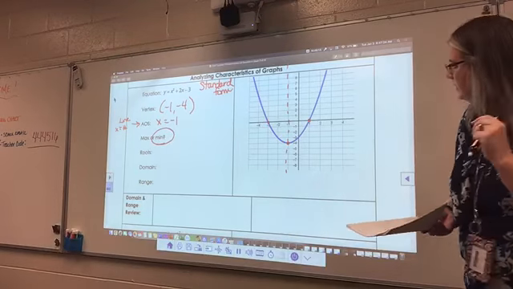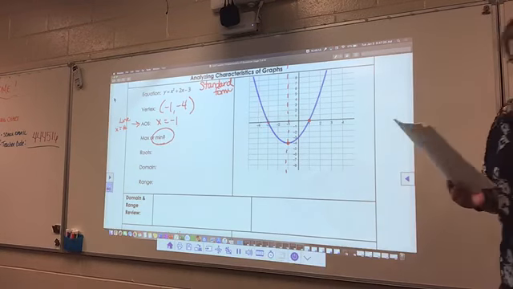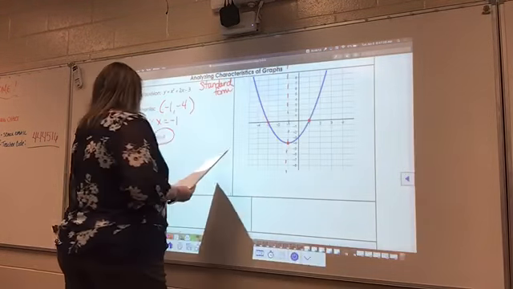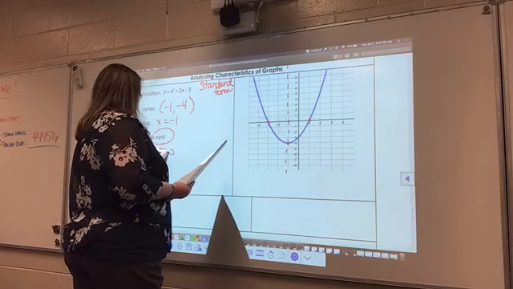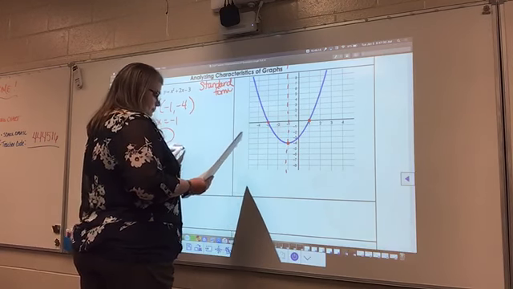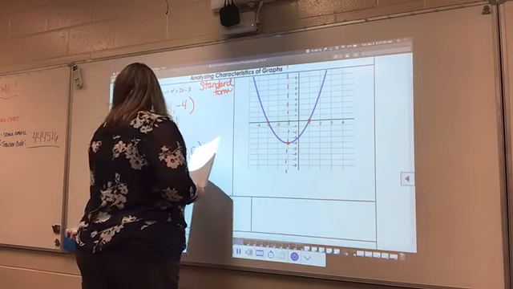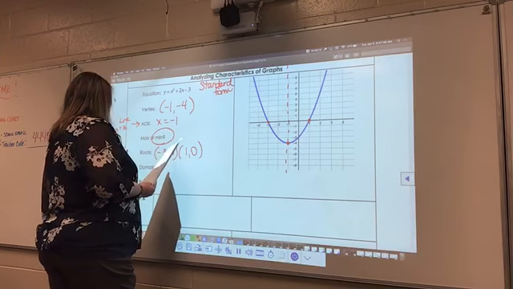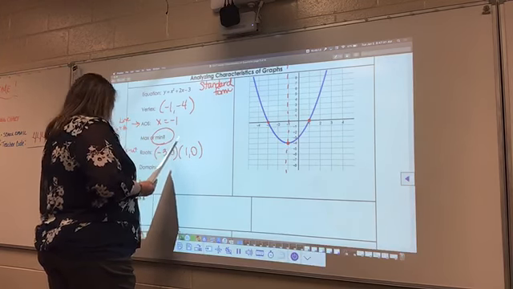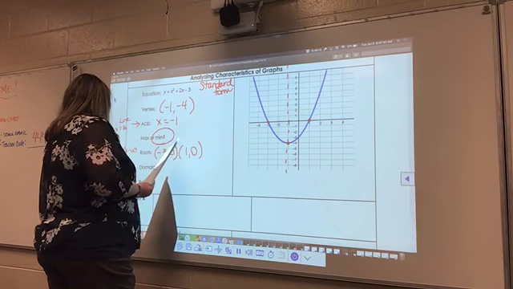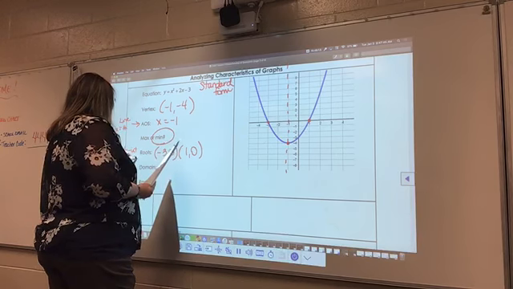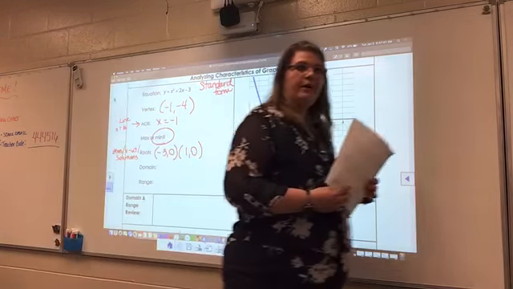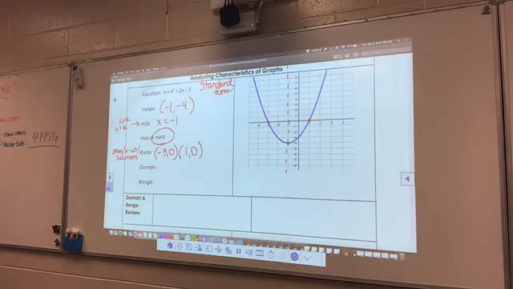That looks like -3, 0 and +1, 0. So they could say zeros, x-intercepts, or solutions. Always know what they are asking for.